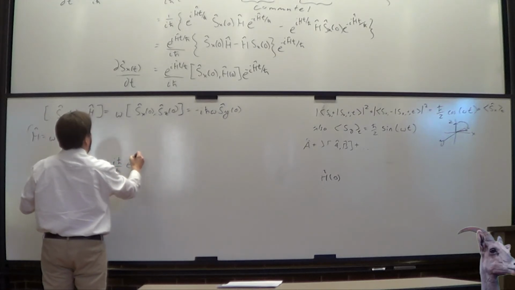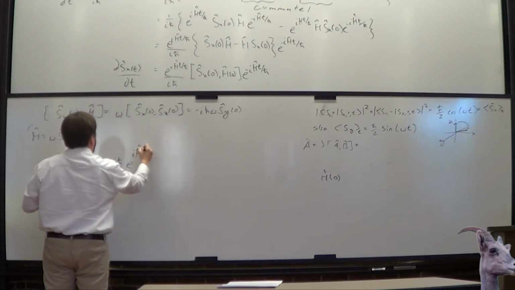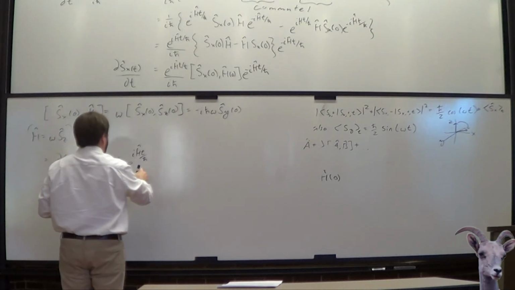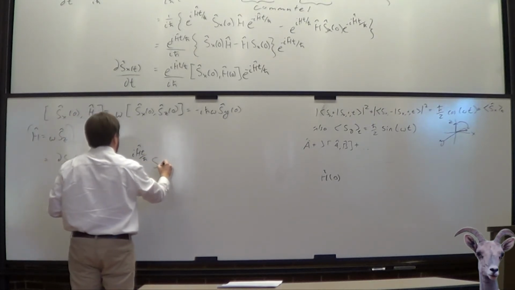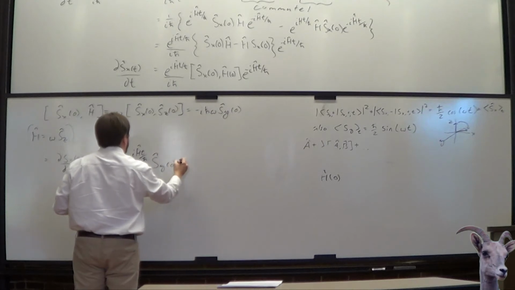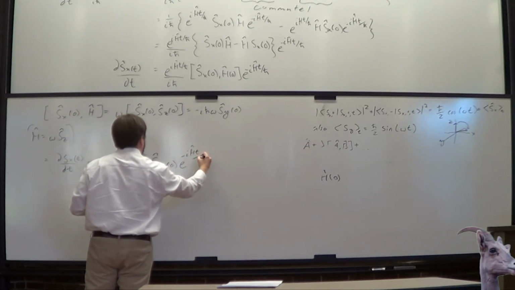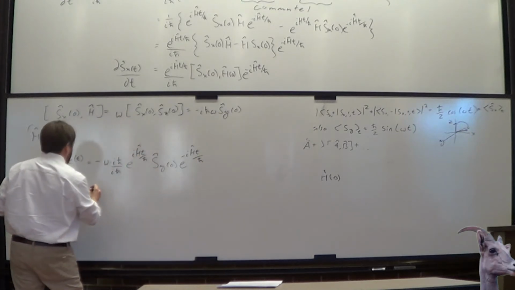Then I still got the e to the i. I kind of wish these would go away. You'd hope that maybe there's some slick way of making these go away. There's not. That's okay because it'll be obvious what happens next.